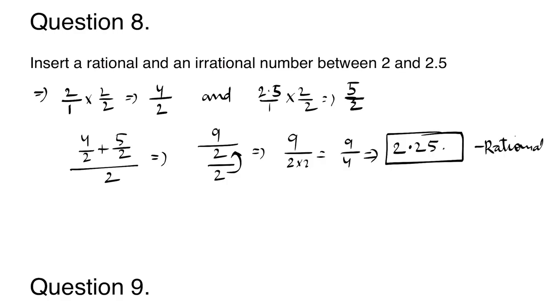Now one irrational number: we can find this as root of 2 into 2.5.